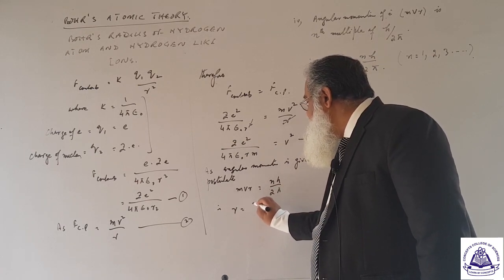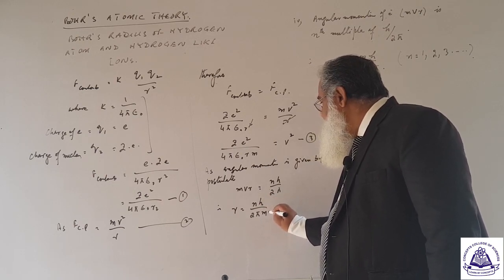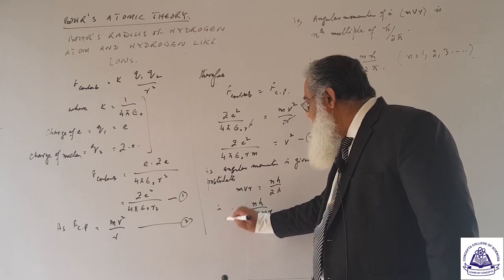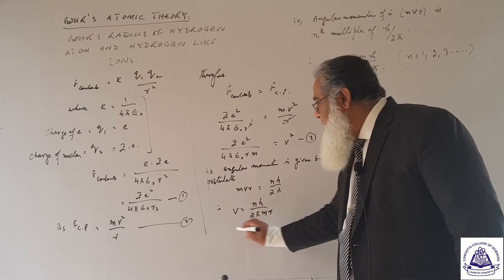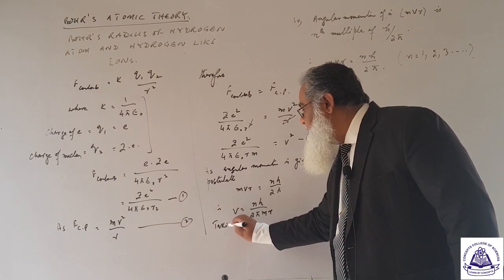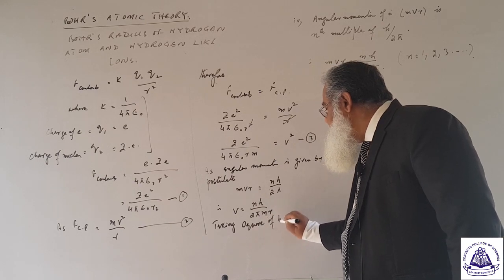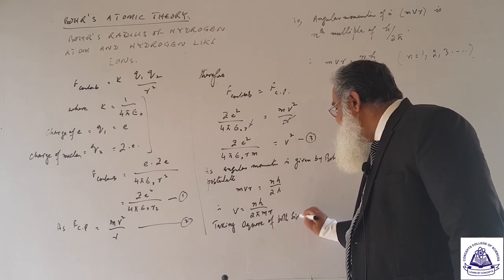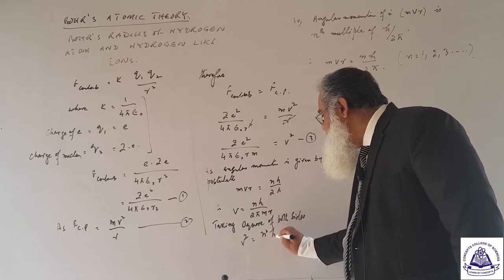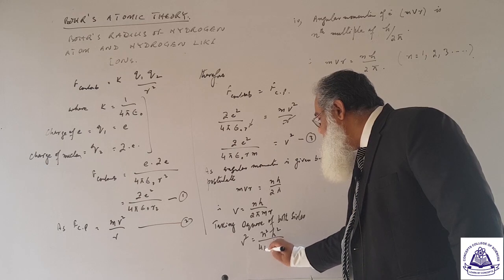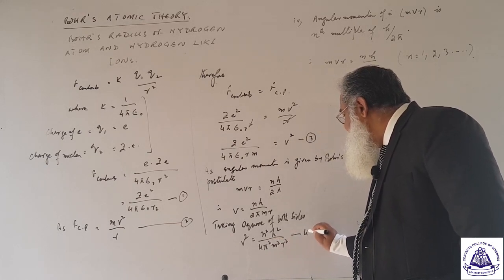Therefore, v is equal to nh over 2 pi m r. Taking square of both sides, we get v square is equal to n square h square over 4 pi square m square r square.